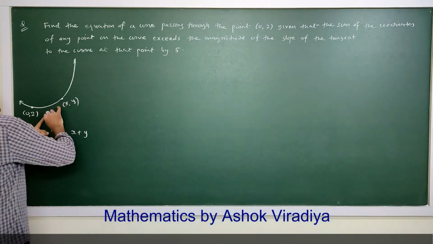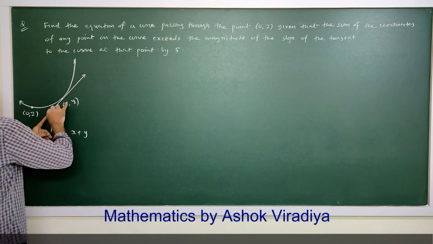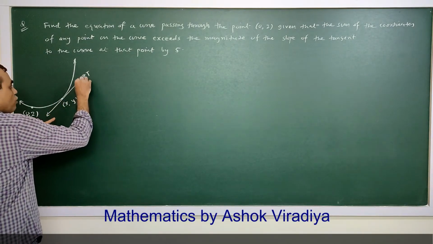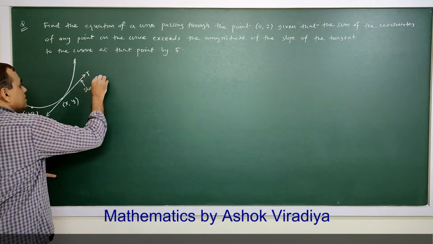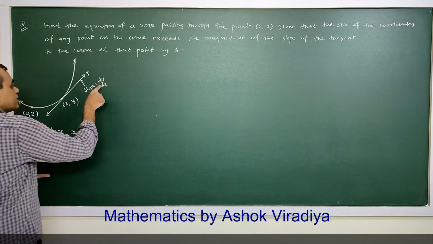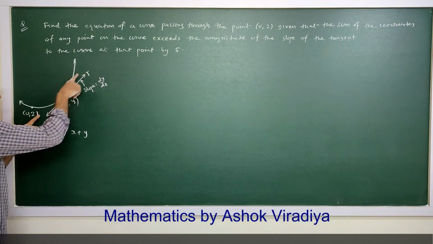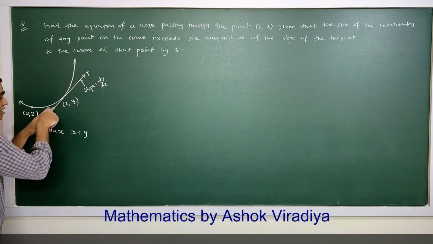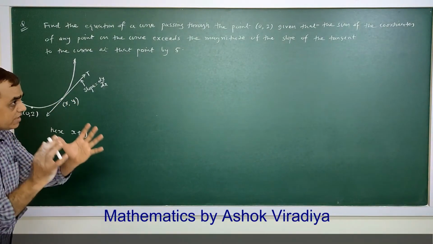What is the magnitude of the slope of the tangent? See, this is the tangent at (x, y). Its slope is dy by dx. So this is the magnitude of the slope of the tangent at point (x, y). So now see, look at what is given.